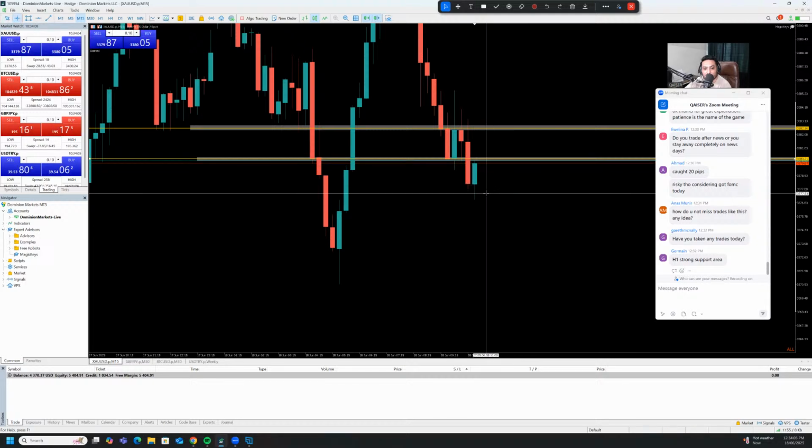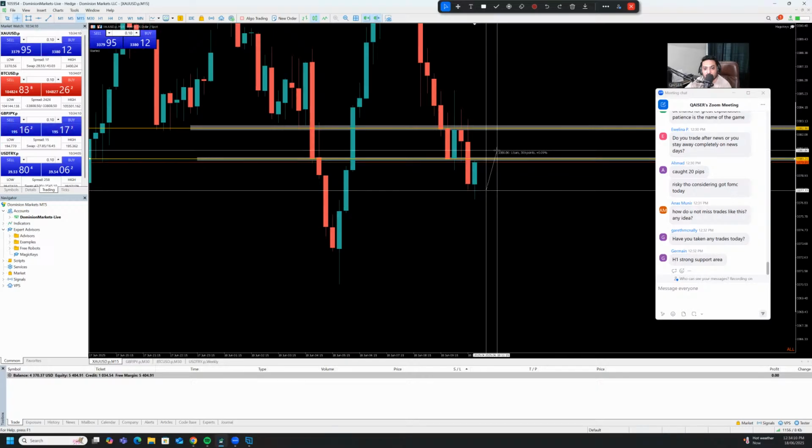So look at this one. If I had executed somewhere here, my stop loss was here, and it's now nearby my stop loss. See this one. That's why I never executed, because it filled half of the range.